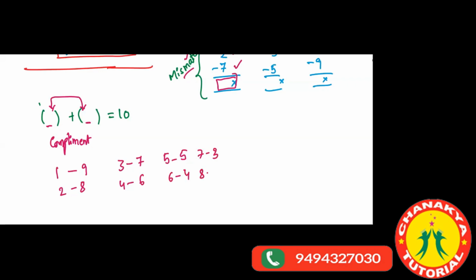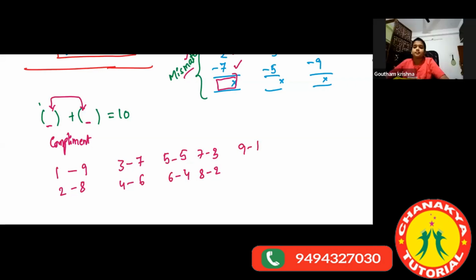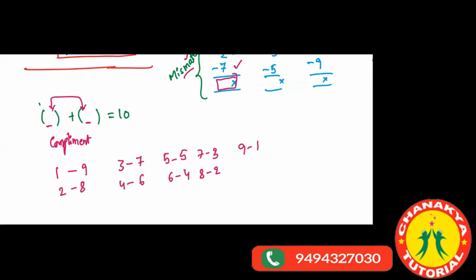And 8's complement? 2. And 9's complement? 1. Is it easy? Yes, sir. For any two numbers, if you are getting 10, both the numbers are called complements of each other. One is the complement of the other.